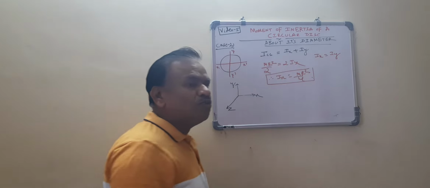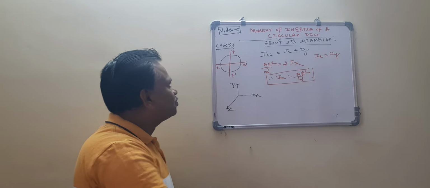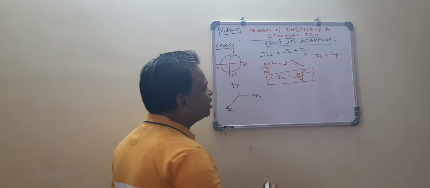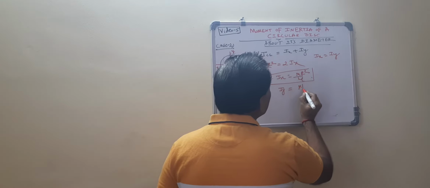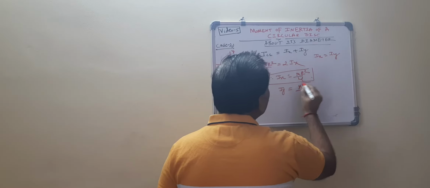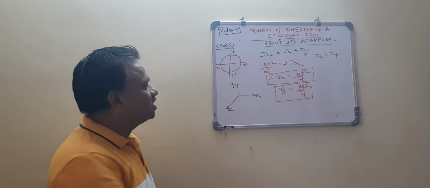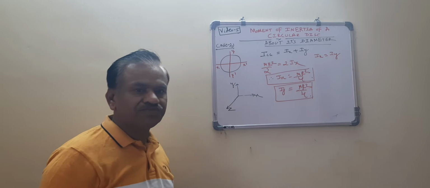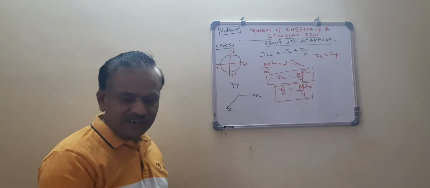This is the moment of inertia of a circular disc about an axis passing through y, y dash, or x, x dash. Or else we can write Iy equal to m r square divided by 4. So, I think we can understand this one. This is case 2, and one more case I will discuss now.